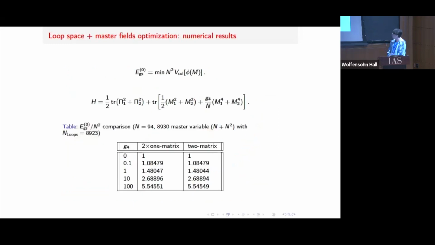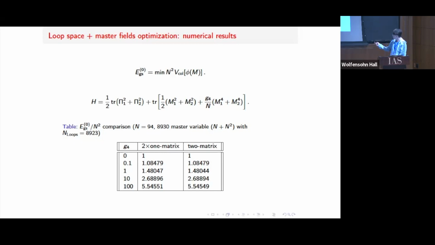So in the end, we are led to minimize this collective potential in loop space, but the loops are computed by the matrix elements. So let us turn off the coupling of the two matrices so that we have two copies of one matrix problem. And one can show that the results agree very well from weak coupling to strong coupling. So these are large N background state energies.